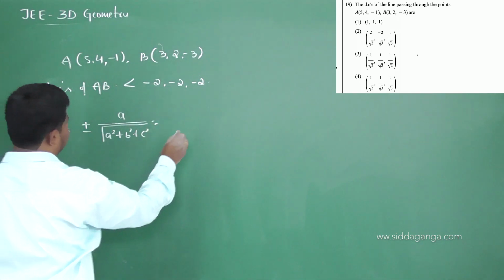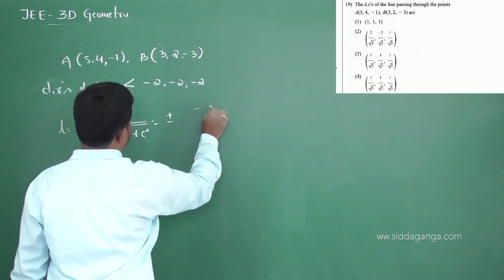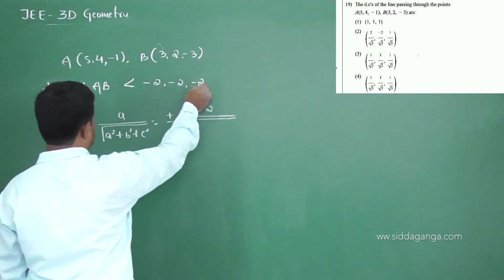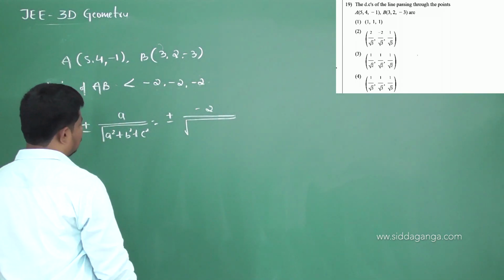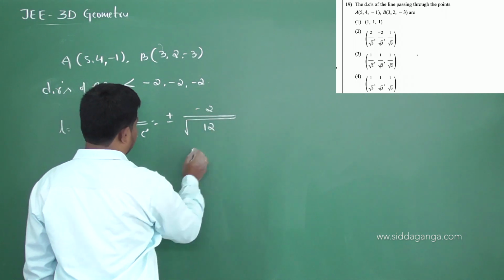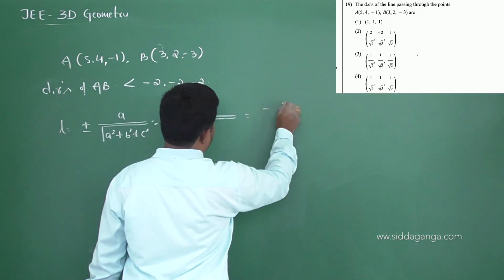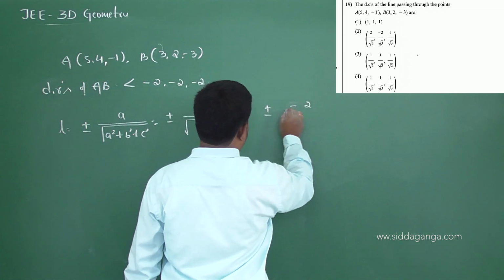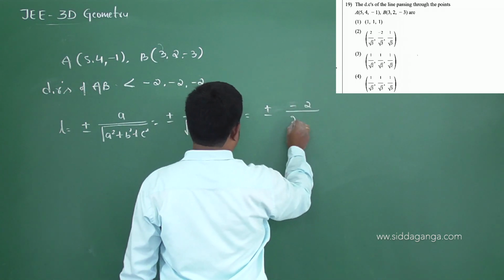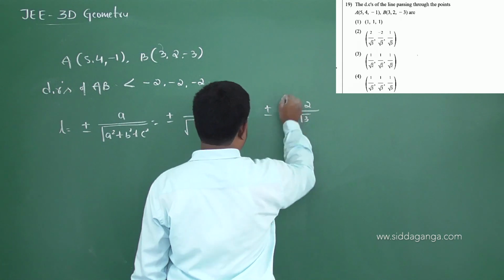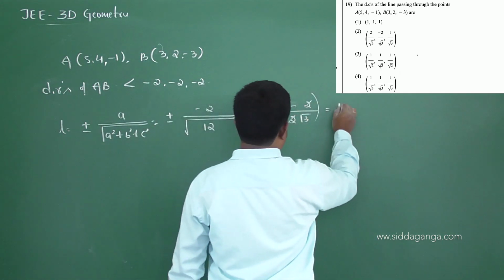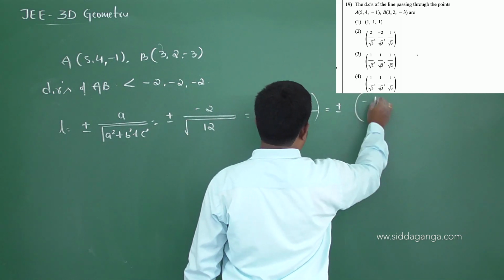You get plus or minus 2 divided by root of minus 2 square plus minus 2 square plus minus 2 square. You get 4 plus 4 plus 4, 12. You get plus or minus 2 divided by 2 root 3, or plus or minus 1 by root 3.